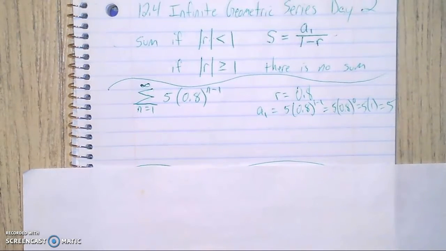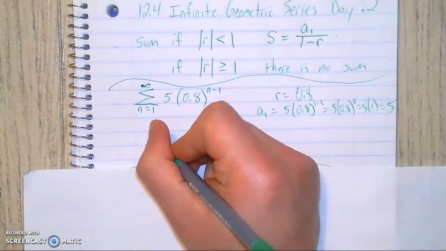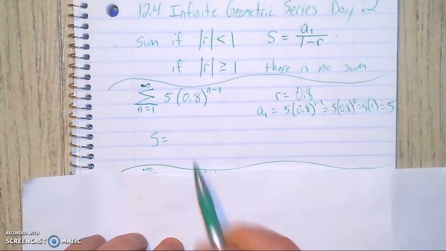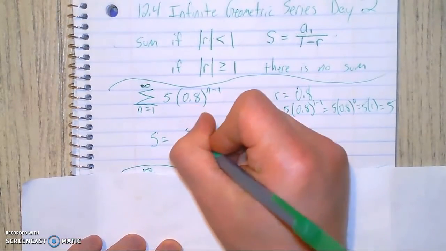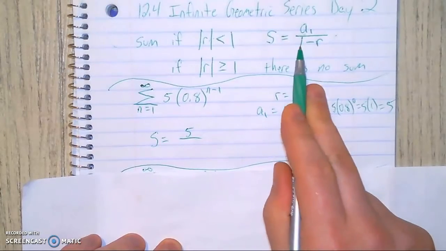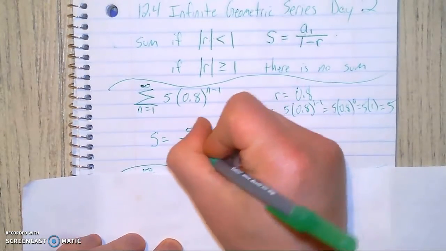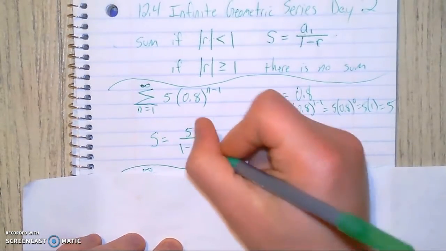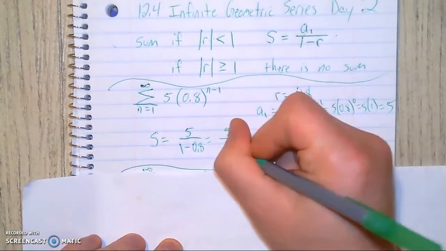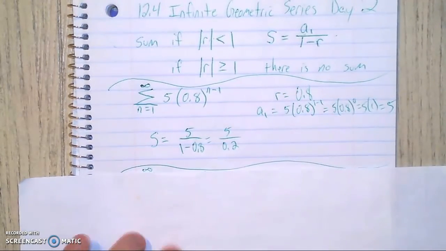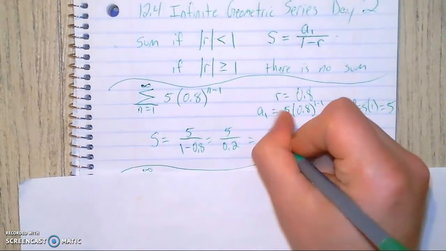And anything times 1 stays the same, so the first term is 5. So now I can go ahead and do the sum. The sum is the first term, 5, divided by 1 minus the common ratio. 1 minus 0.8 is 0.2. If you do 5 divided by 0.2, you get 25.